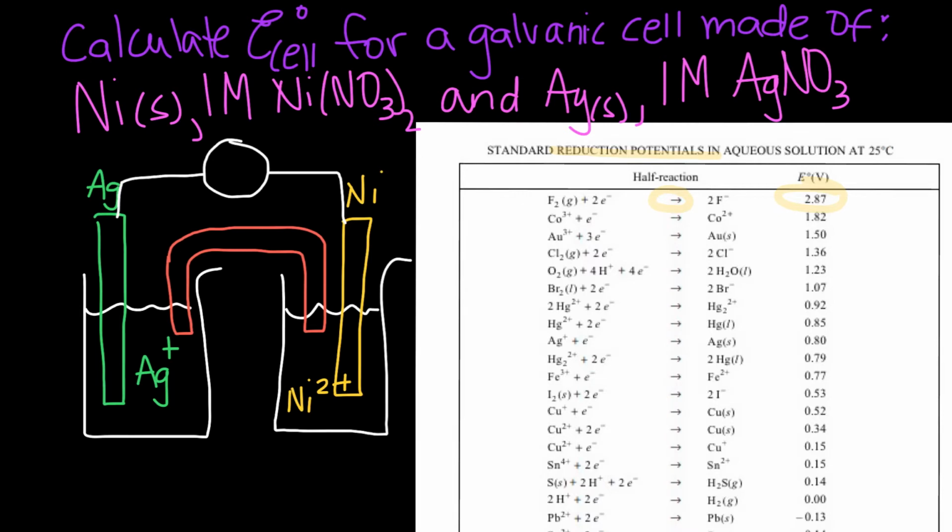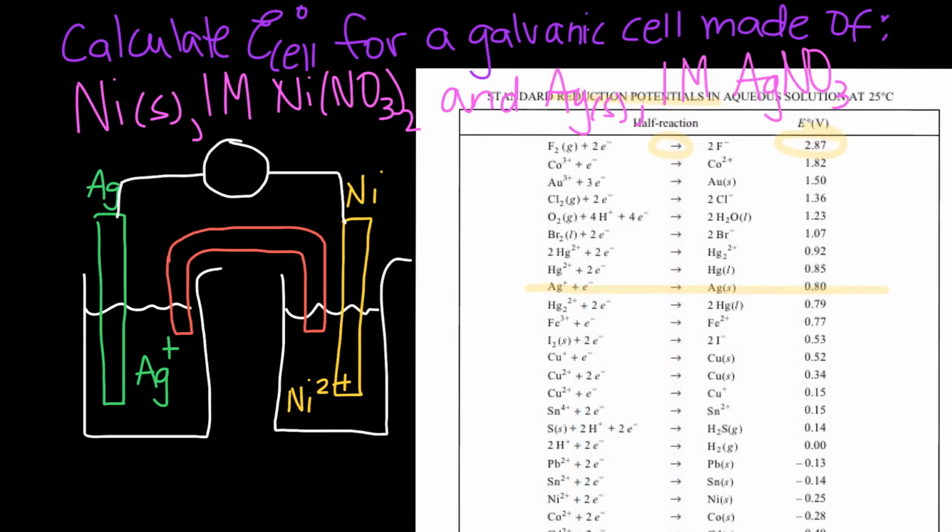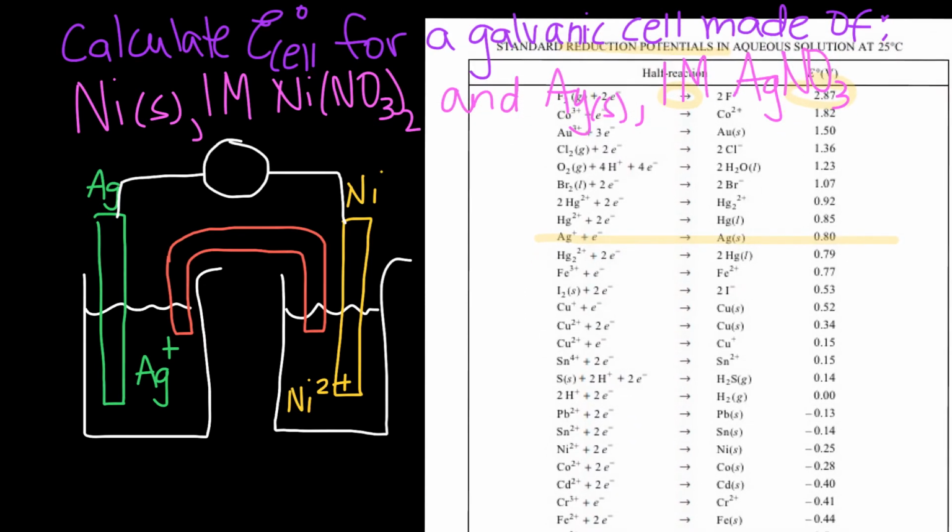So let's take a look at what we're dealing with here. If I look down this list, I find one of my half reactions, the silver, and if I look a little further down, I can find the nickel. What becomes important is where these things are located. Whichever one is higher, and we'll write this down in just a second, that's the one that's going to naturally or spontaneously be reduced.